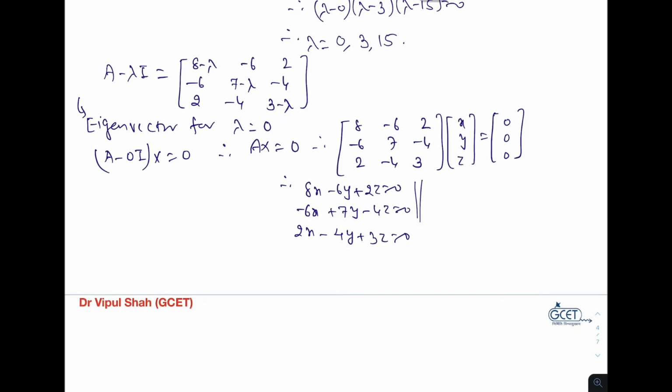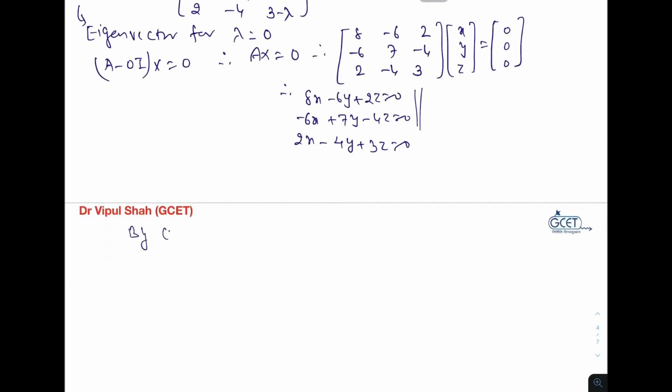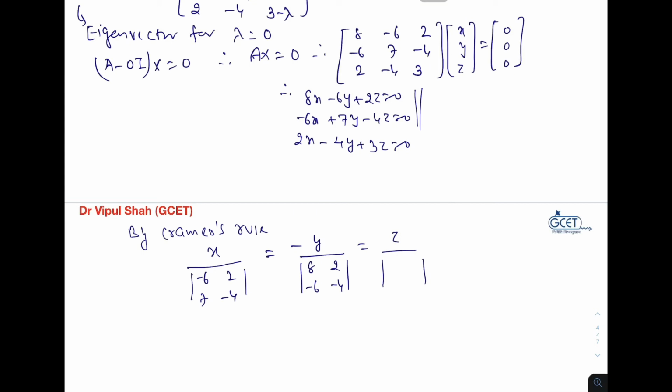We can use any two equations in Cramer's rule. So by Cramer's rule, x over, now we take the coefficient of y and z, so that is minus 6, 2; 7, minus 4, equal to minus y over, now we take the coefficient of x and z, so that is 8, 2; minus 6, minus 4, equal to z over, now the coefficient of x and y, so that is 8, minus 6; minus 6, 7.